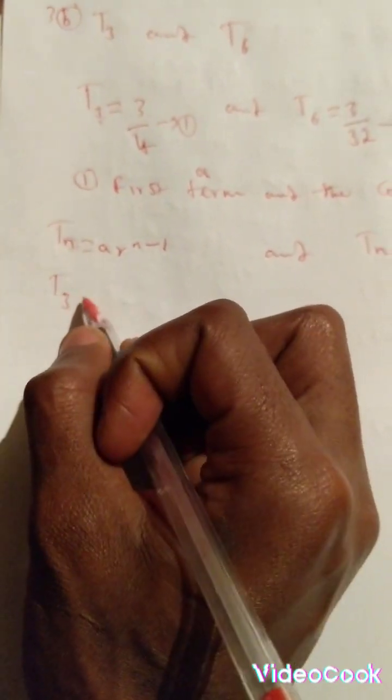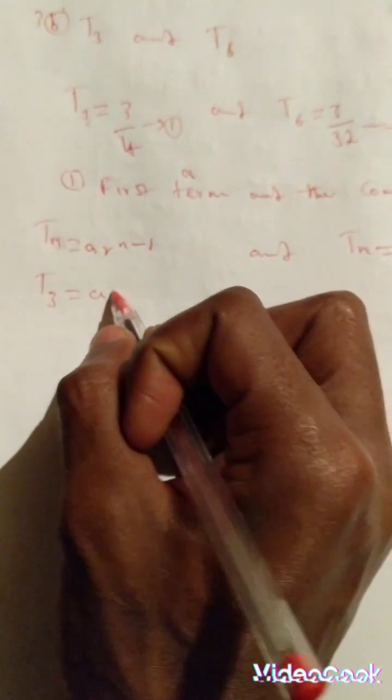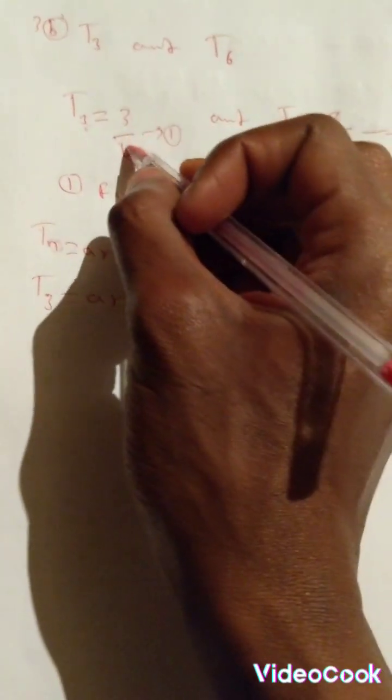So T, where there is n you put 3, is equal to a, because we don't know our first term, it is what we are finding, and our r is what we are finding, to the power 3 minus 1, equals 3 over 4.